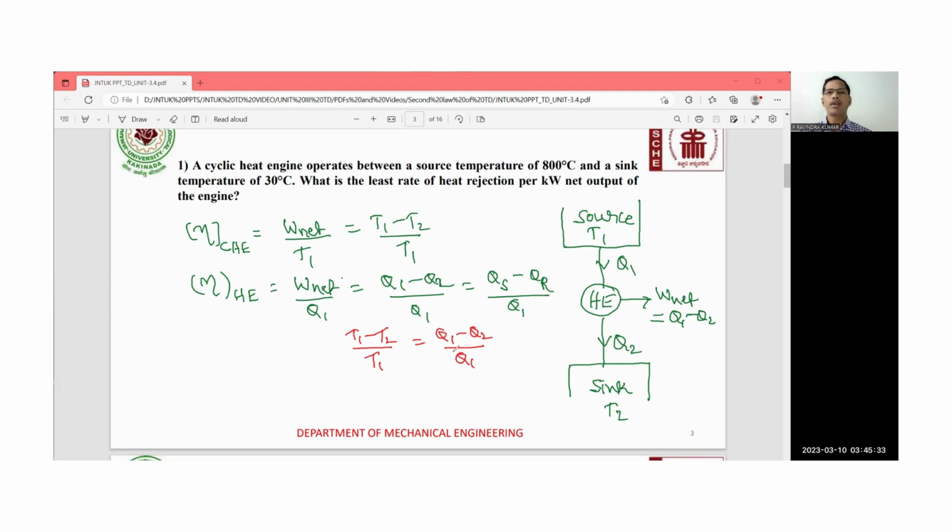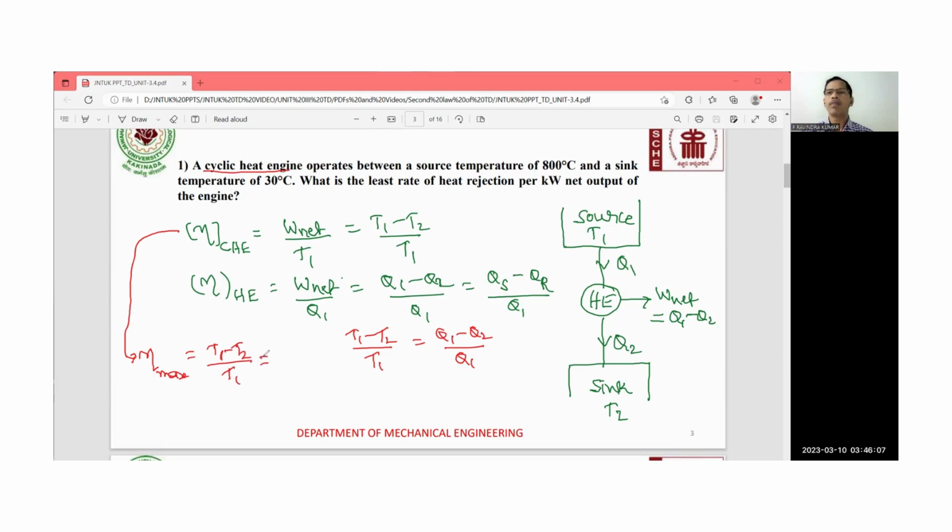So now what you have to do is calculate the efficiency of a reversible cyclic heat engine, because the Carnot cycle is going to give the maximum efficiency, that is T1 minus T2 divided by T1.